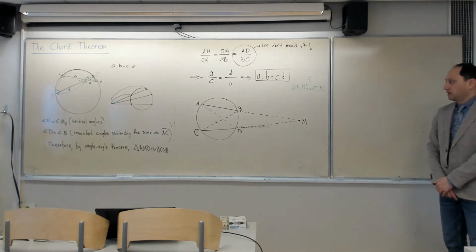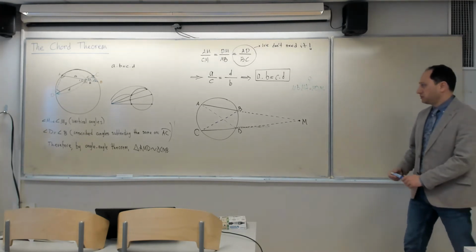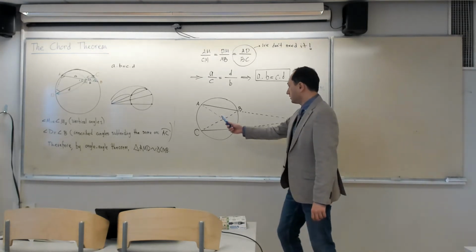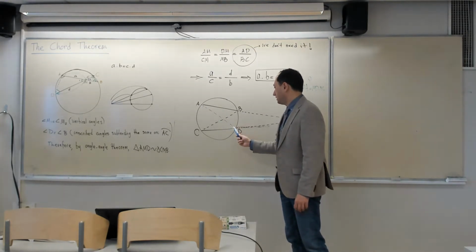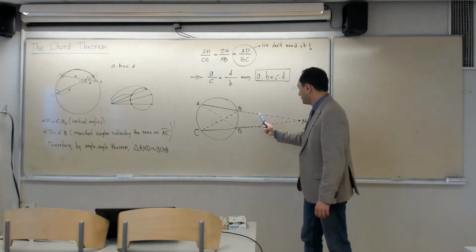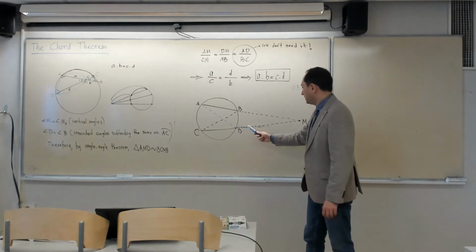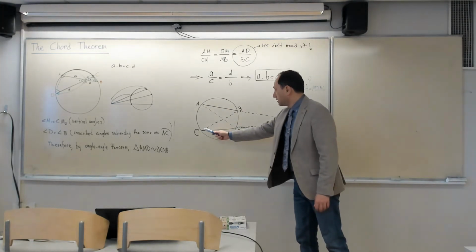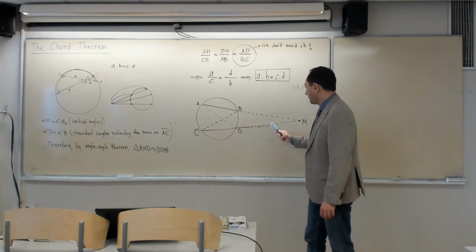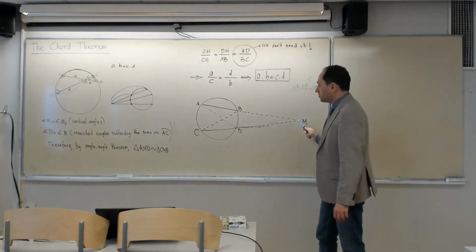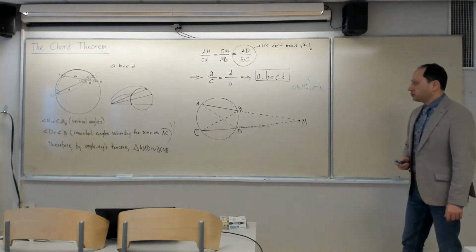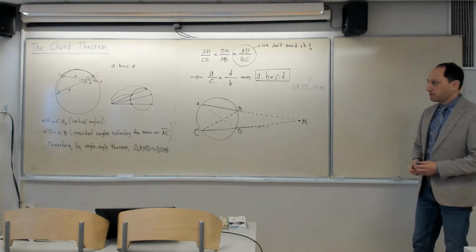Pick the triangles ADM and ABM. Or no, CBM. Can you tell me why? He is talking about ADM, this triangle that you see here, with this triangle CBM. He is claiming that these two triangles have to be similar. Okay, why?